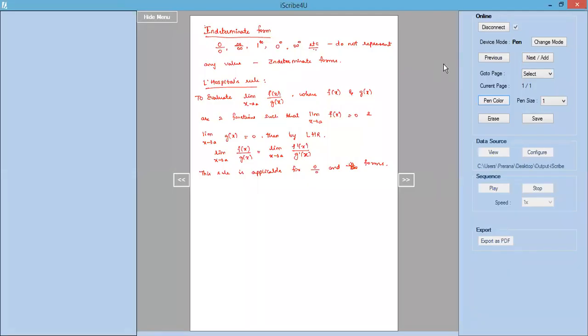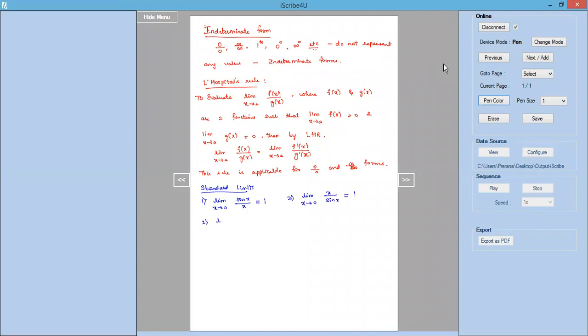Now let us know some standard limits. Some of the limits we assume as standard limits, and while evaluating the indeterminate forms, we'll be using them. So limit as x tends to 0, sin x divided by x is equal to 1, and limit as x tends to 0, the reciprocal of this, that is x divided by sin x, is also equal to 1.